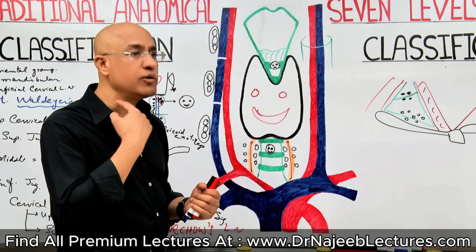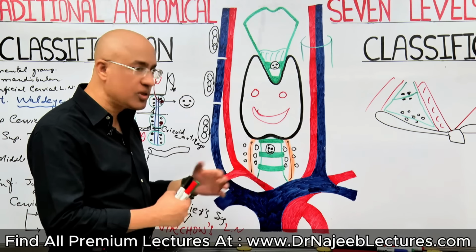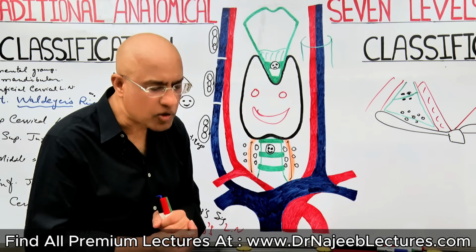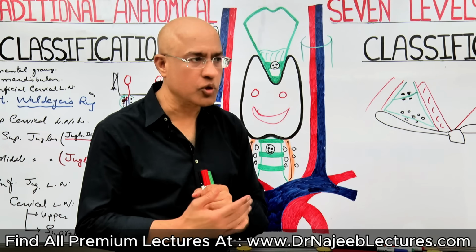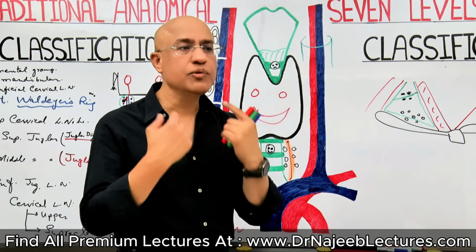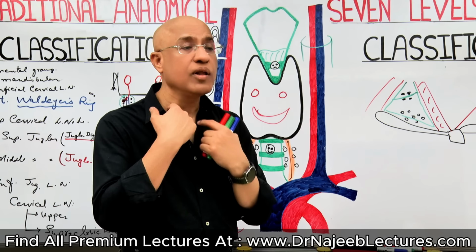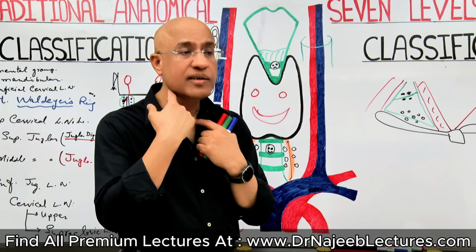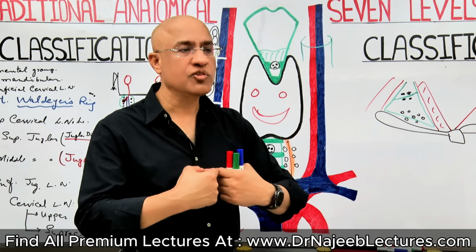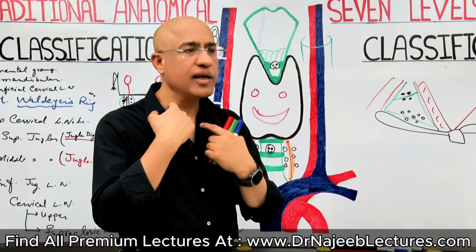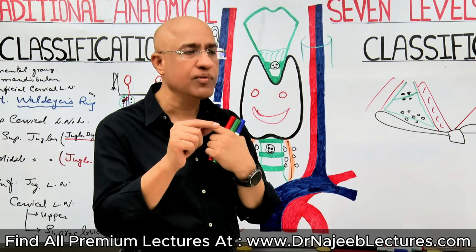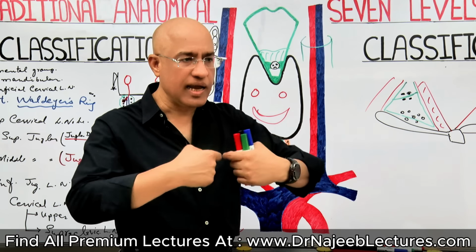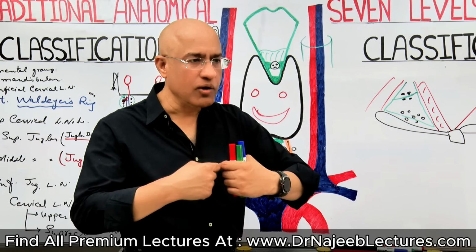The same applies while removing the thyroid gland in a total thyroidectomy. If it is damaged on one side, you will develop stridor, because the recurrent laryngeal nerve supplies most of the intrinsic muscles of the larynx, especially those which move the vocal cords.